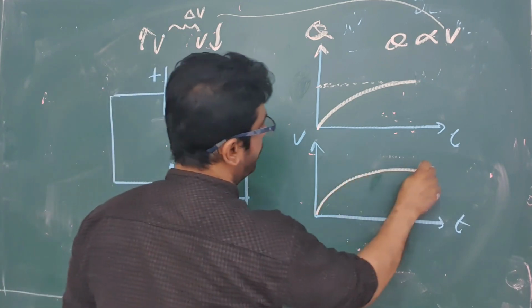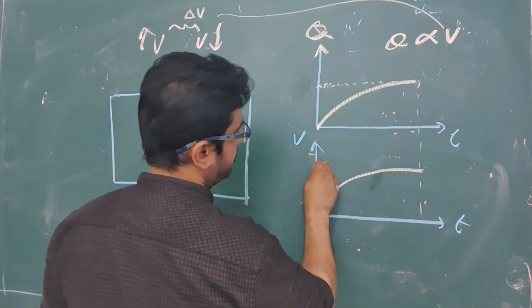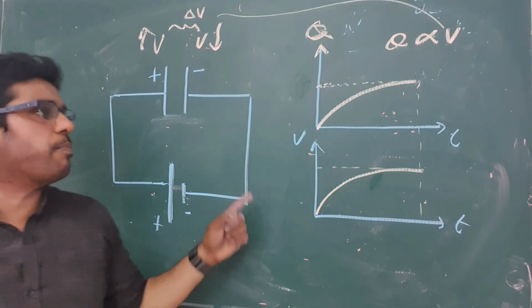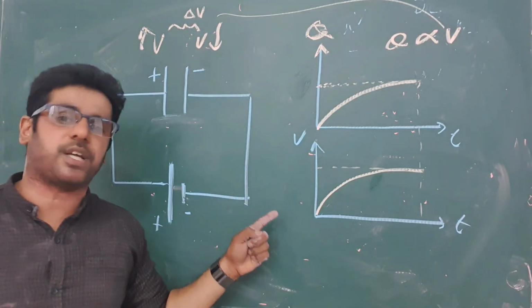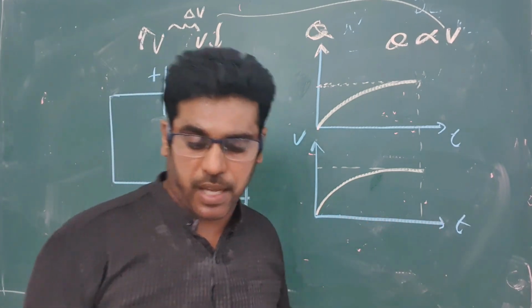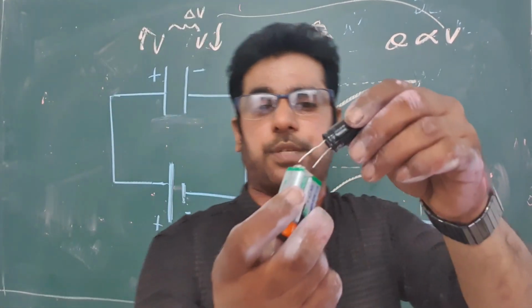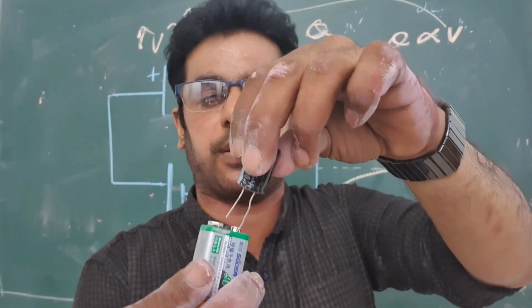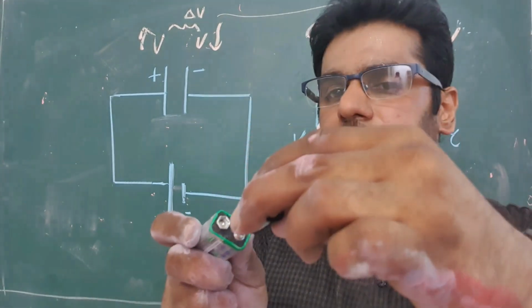This is the variation of voltage. Now, this is the charging method, and these are the variations of charge and voltage relative to time when I charge the capacitor using direct current, plus to plus, minus to minus.